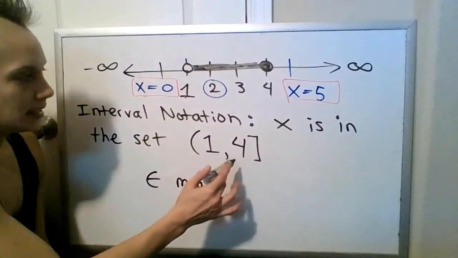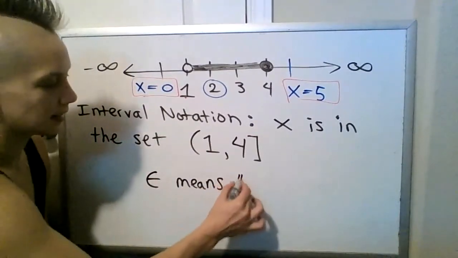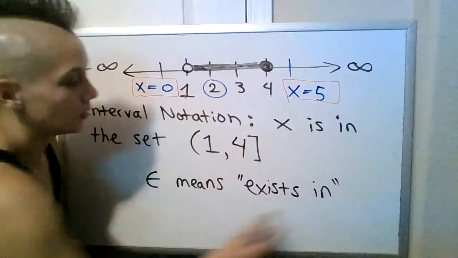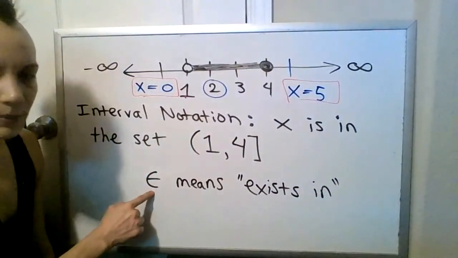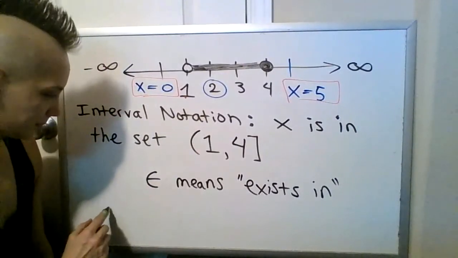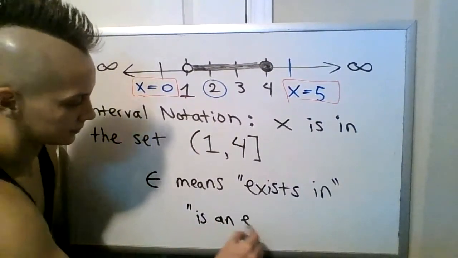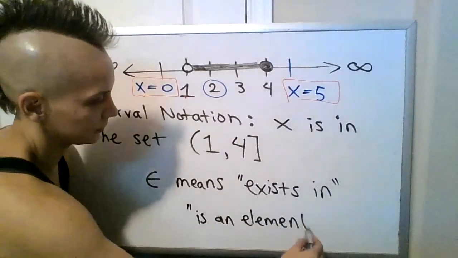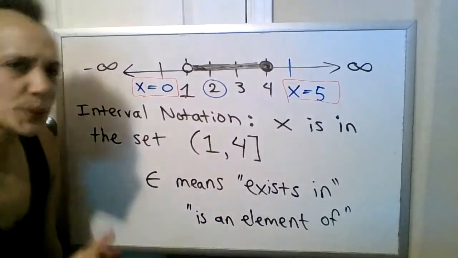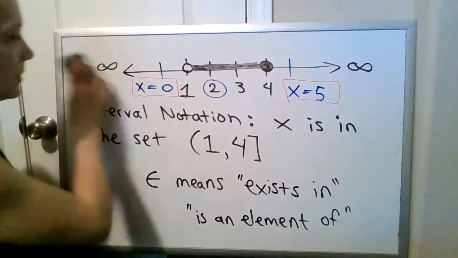So there's our set. You can say this if you want to, and this means exists in. For this symbol here, it means is an element of. So what happened in another class, and it's not that big of a deal, but a few people put something like this.